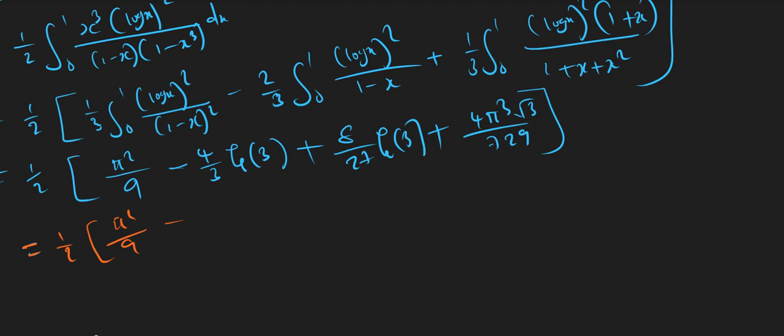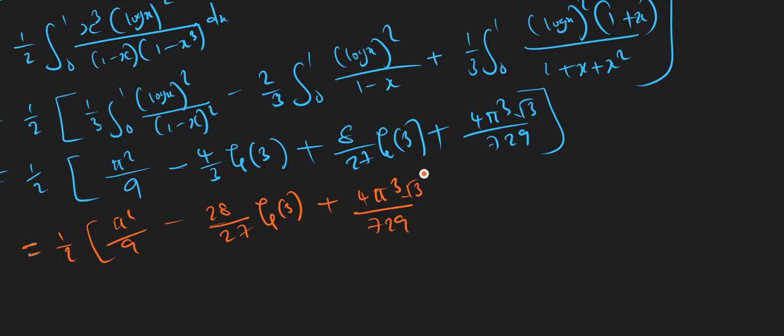If you subtract 8, you will get 28. So this is negative 28 over 27 zeta of 3. Then you have plus 4 pi to the third power, square root of 3, all divided by 729.